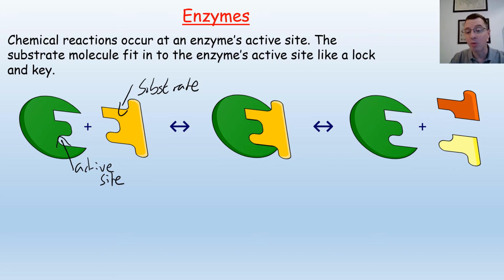Now you will only get one specific substrate which can fit the specific shape of the enzyme's active site, and they will form together a complex. It's actually known as an enzyme substrate complex. And a chemical reaction will take place and the substrate will be turned into our products.